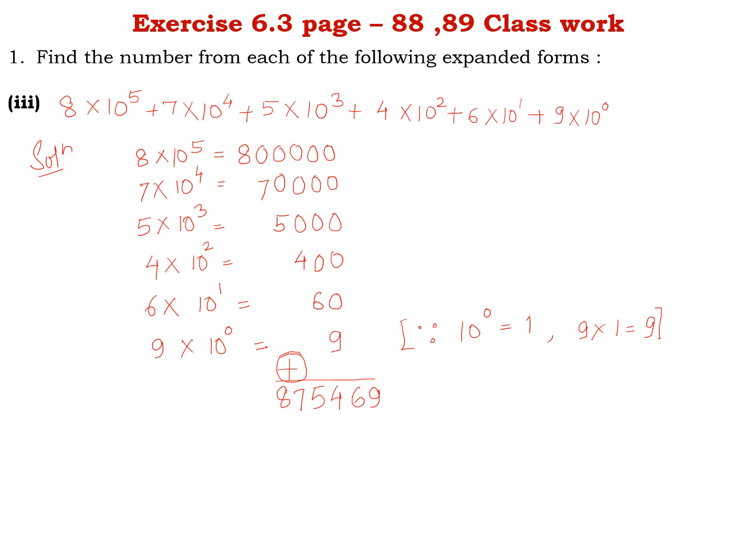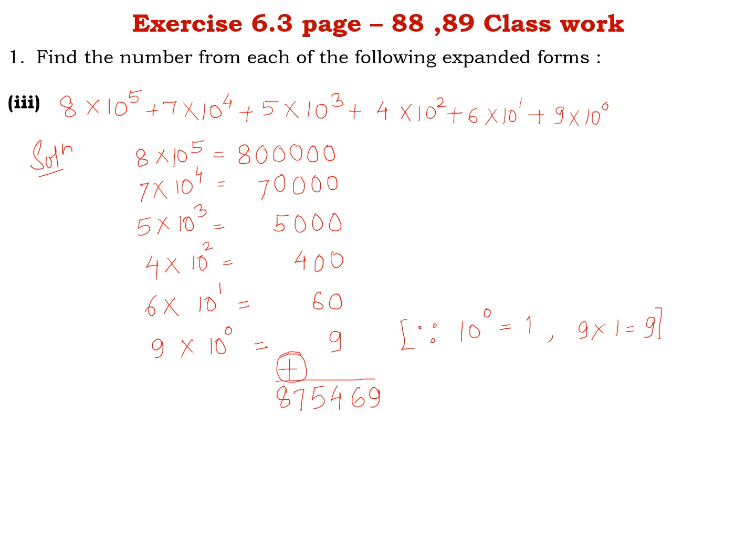You will write them into the number form and add all of them to get a particular number. The question is 8 into 10 to the power 5 plus 7 into 10 to the power 4 plus 5 into 10 to the power 3 plus 4 into 10 to the power 2 plus 6 into 10 to the power 1 plus 9 into 10 to the power 0. Let us convert them into simple numbers.